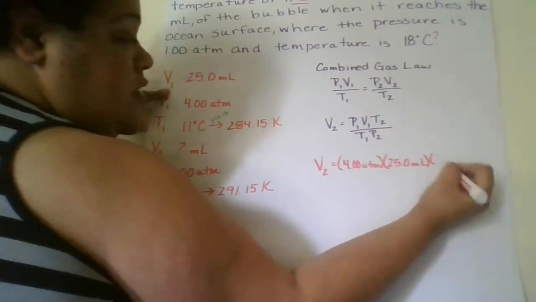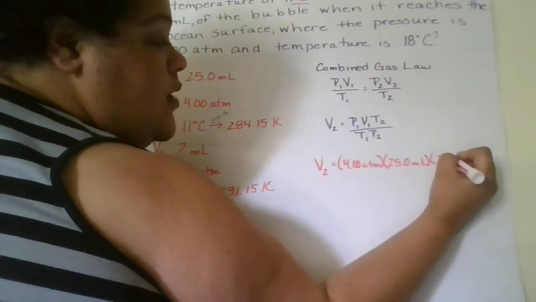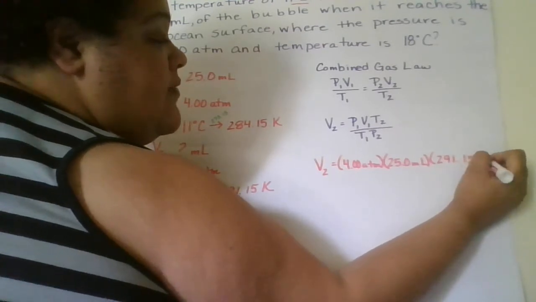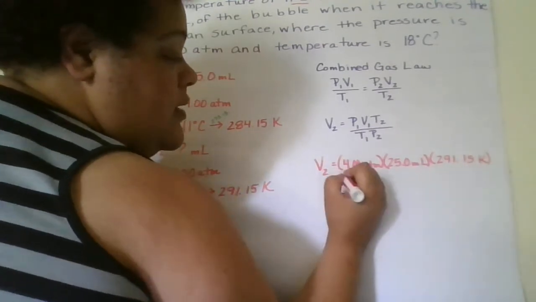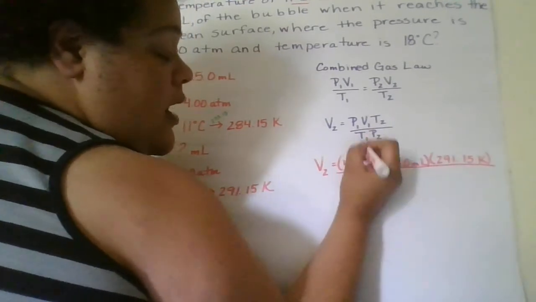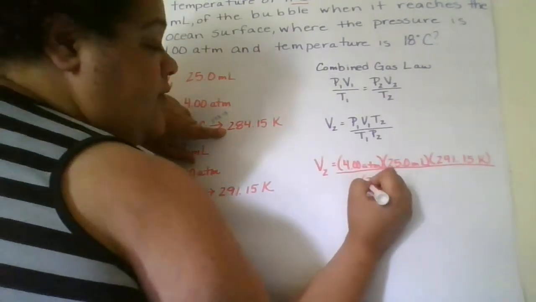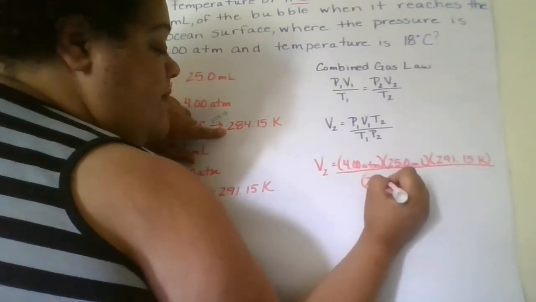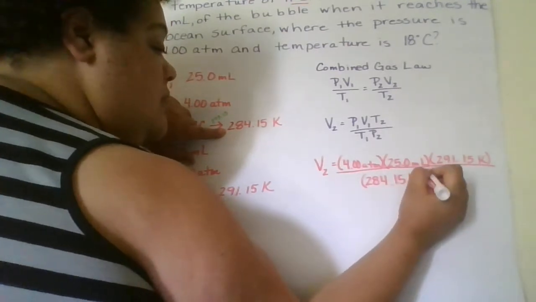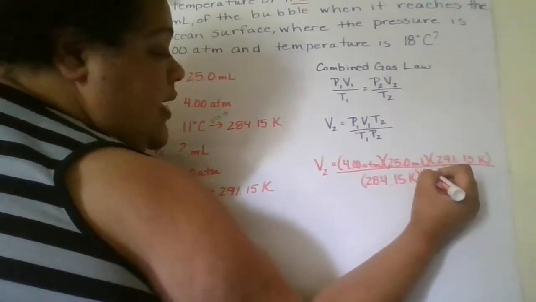And my T2, because I've changed it to Kelvin, is 291.15 Kelvin. And then we're going to divide this by our T1, which has also been converted, 284.15 Kelvin, also multiplied by our pressure, which is 1 atm.